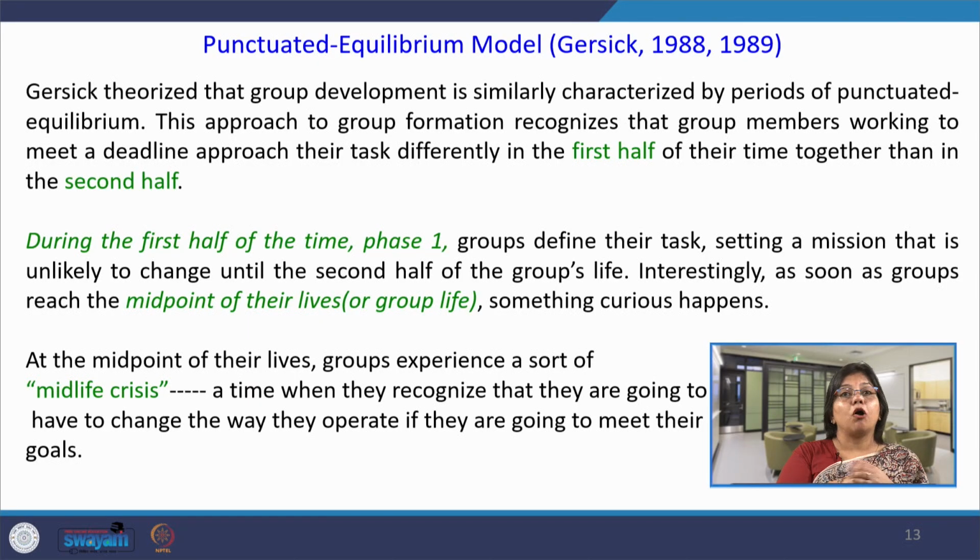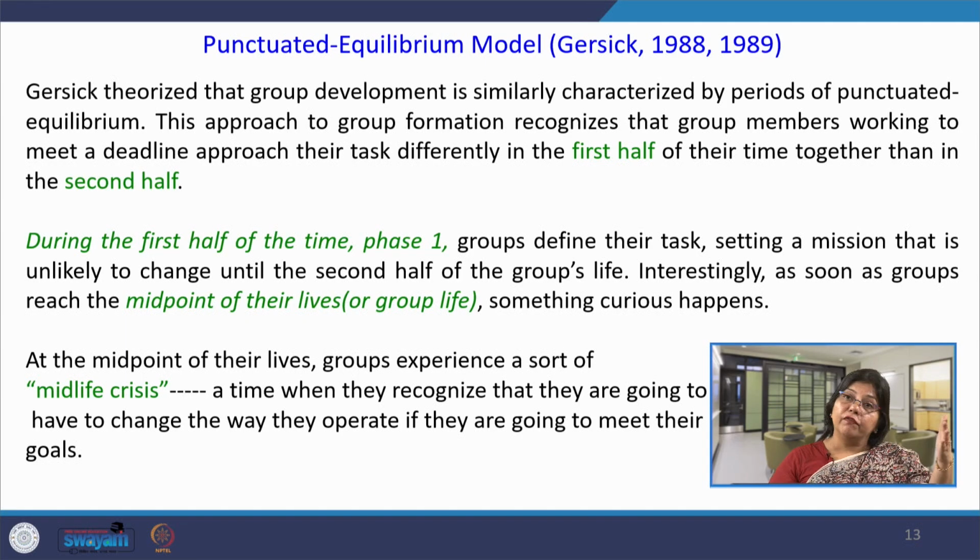So, it is a very complicated group where the group starts functioning from the first stage and tends to revise and refurbish its strategies and functions in the middle, when the group is functional. So, this approach to group formation recognizes that group members working to meet a deadline approach their task differently in the first half of their time together than in the second half.